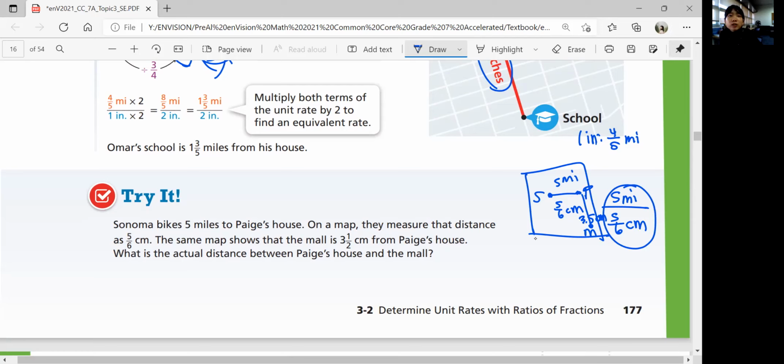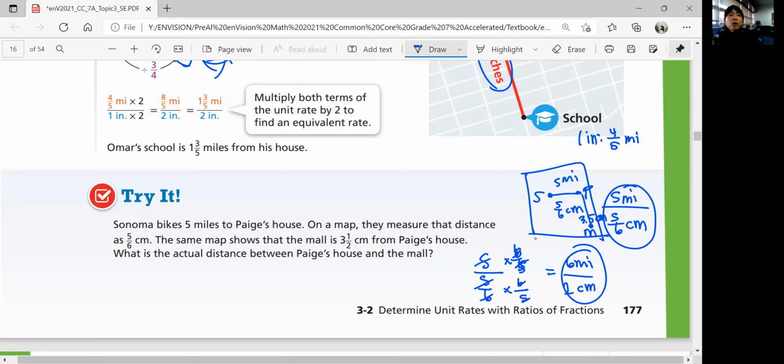So first, multiply by the reciprocal. So 5 over 5/6 times 6/5 for both numerator and the denominator. And then you get 1 centimeter on the bottom and 6 miles per centimeter. So that's your unit rate, right? 6 miles per 1 centimeter.